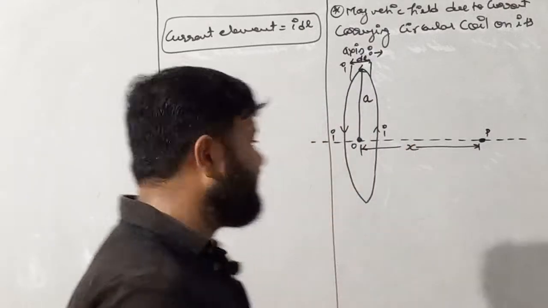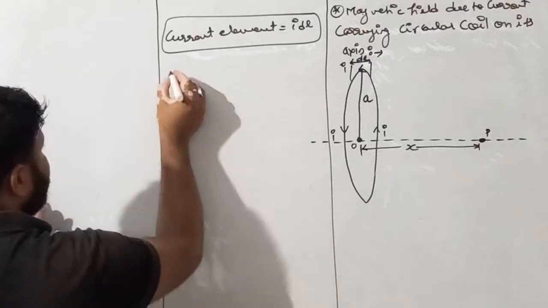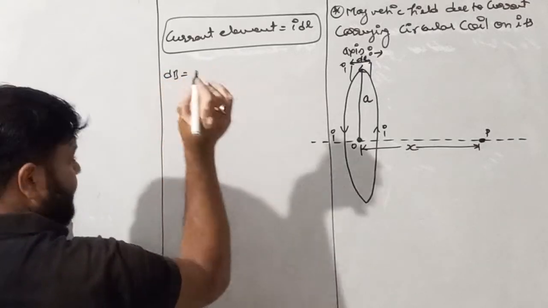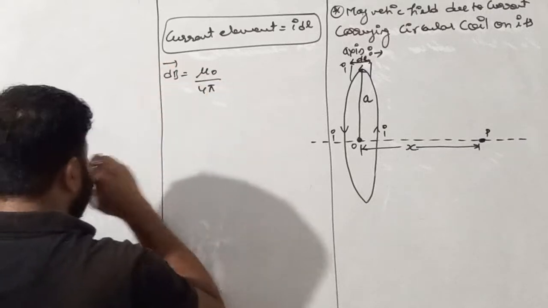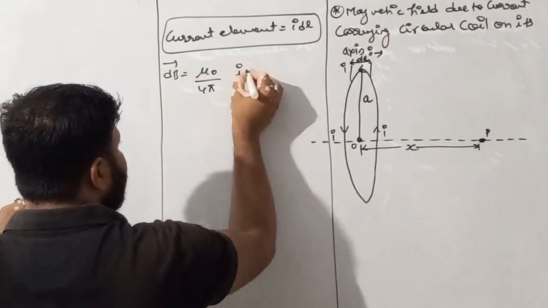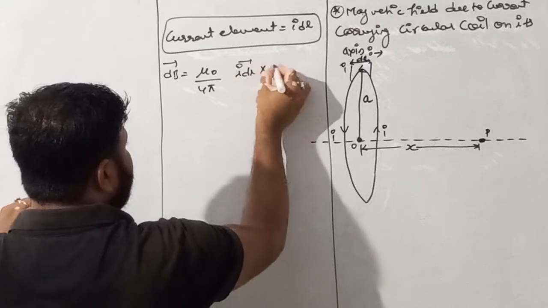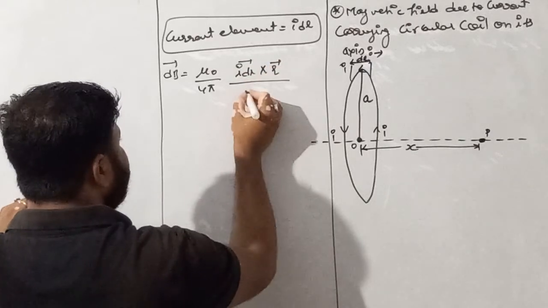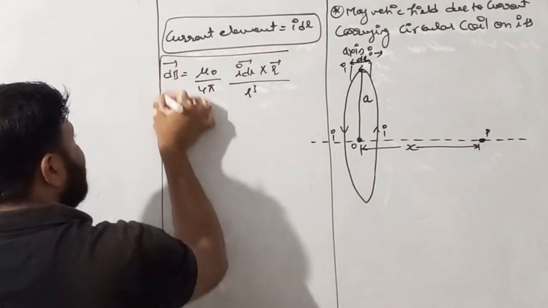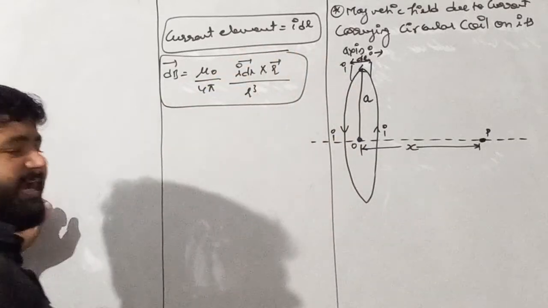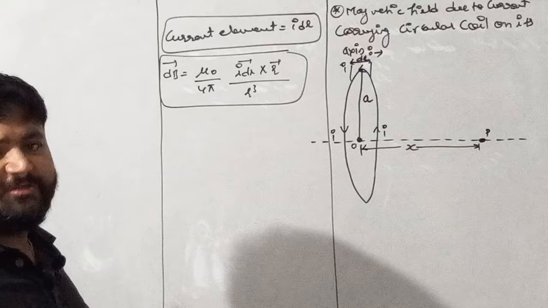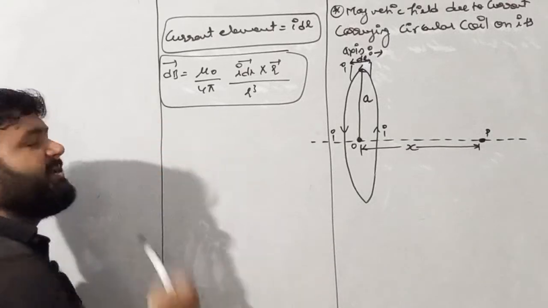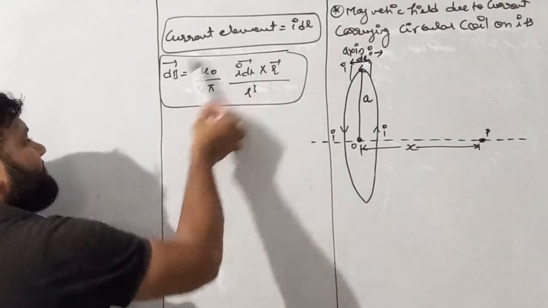Similarly, the Biot-Savart law in vector form is dB vector equals I dl vector cross r vector upon r cube. With the help of the right hand screw rule, we get the direction of magnetic field according to this relation.